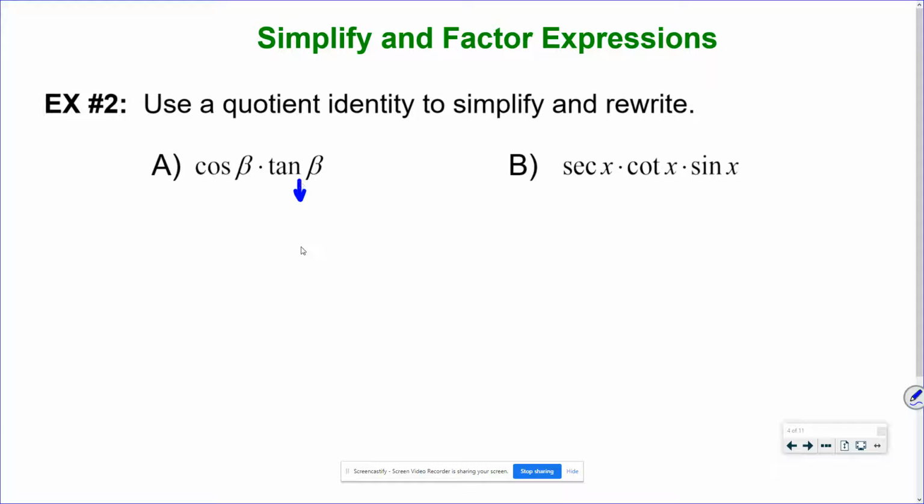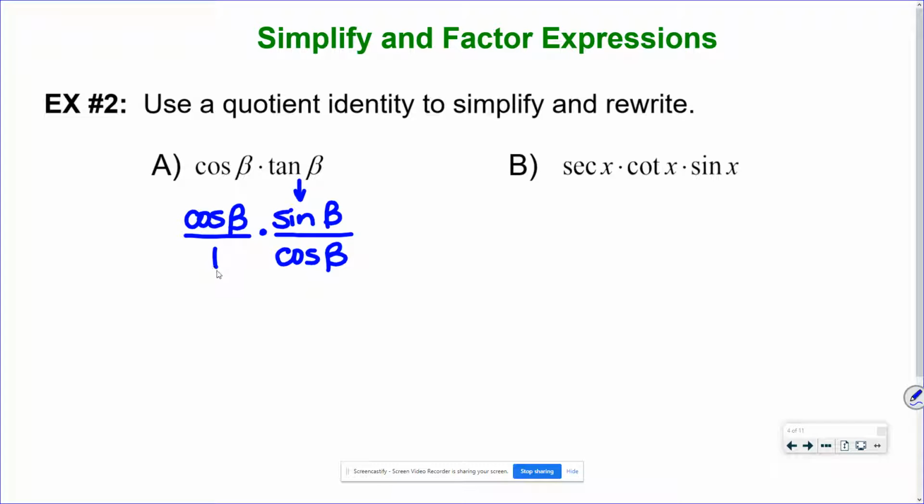I guess the first thing that comes to my mind is that tangent can be written as sine over cosine. We don't have a theta, this is actually called beta. It's just like changing a variable, using x and then sometimes y. This is a Greek letter, so you can just write beta instead of our normal theta value.